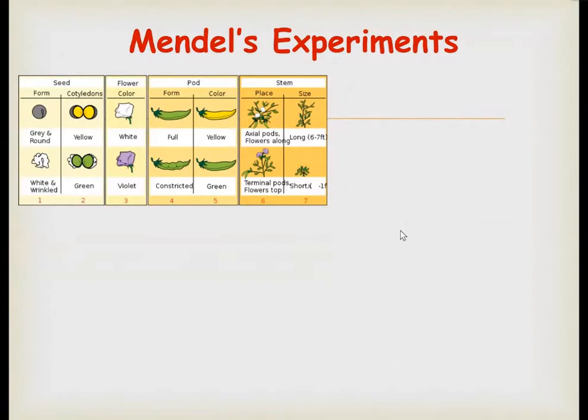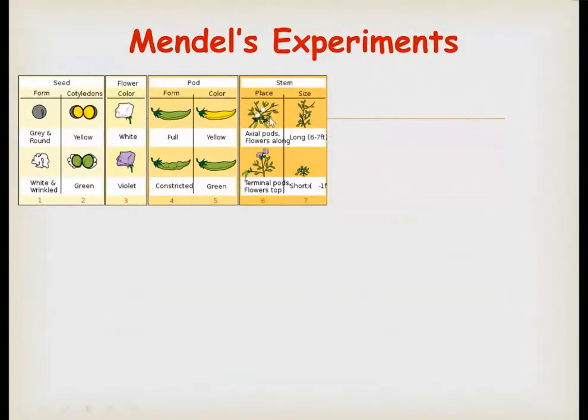Now what are those 7 contrasting characters of the pea plant? The kind of seed: one, the round one and the wrinkled one. The gray and round, the white and the wrinkled. Next one, in the case of cotyledon, one is yellow, the next one is green. Next, in the case of the flower, white flower and the violet one. Now the pod, the full form and the constricted one, the yellow one and the green one.